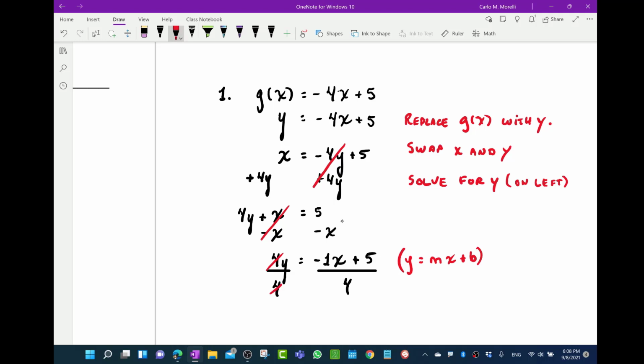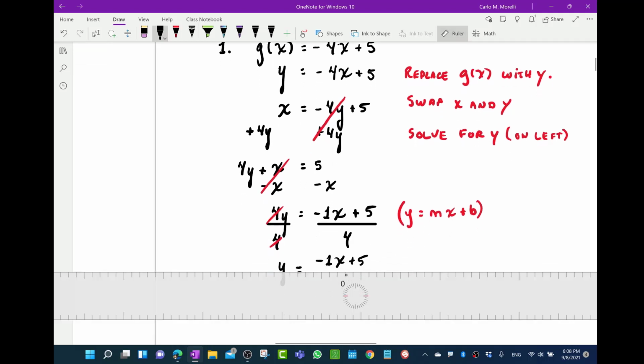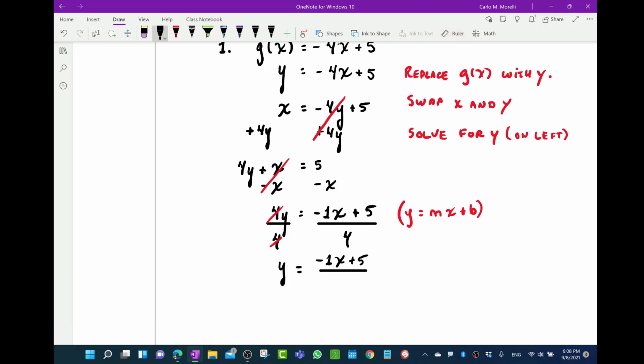And that cancels these 4's here, giving us y equals negative 1x plus 5 over 4. Or you could write an equivalent expression, y equals negative 1/4 x plus 5/4.